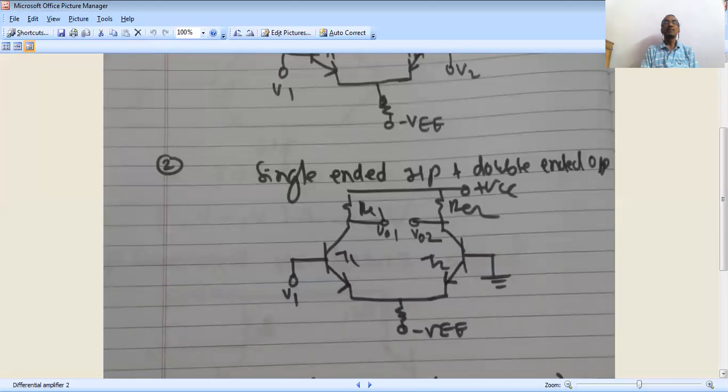In this case, all things are same as shown in the first type. Only there is one difference between first type and this second type.